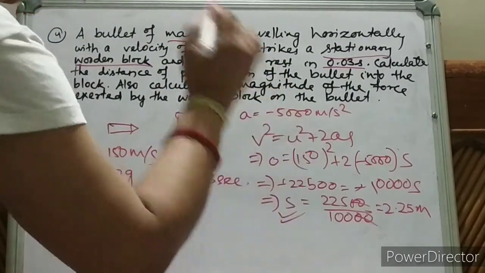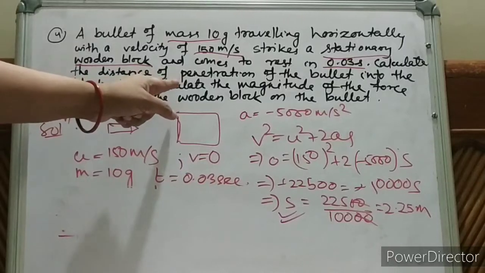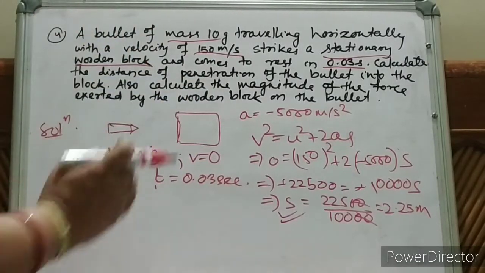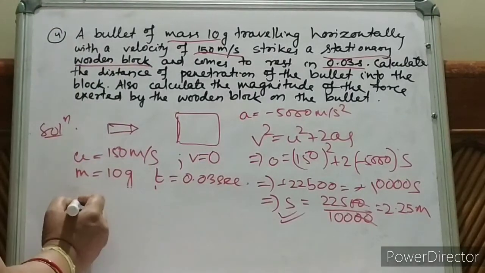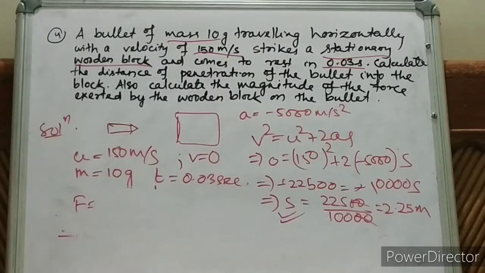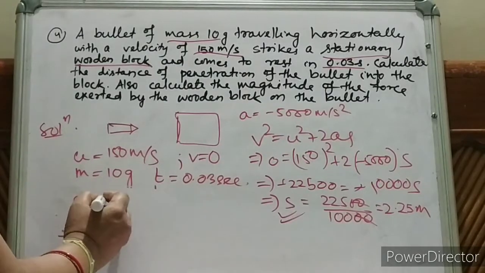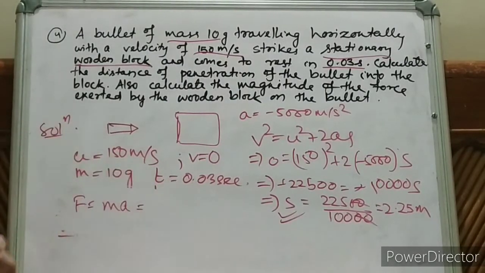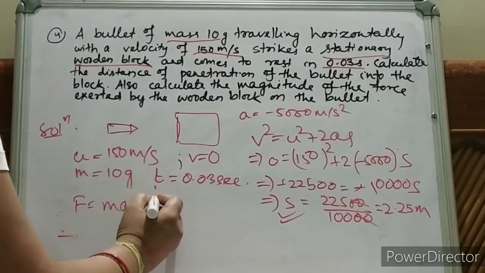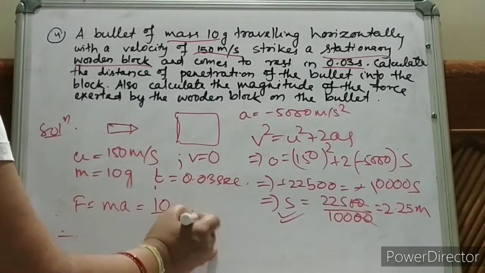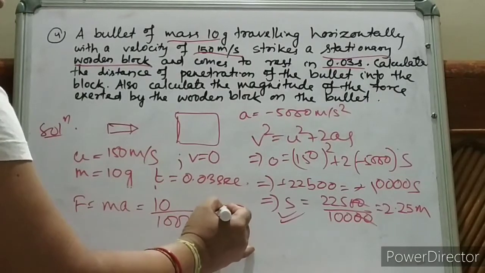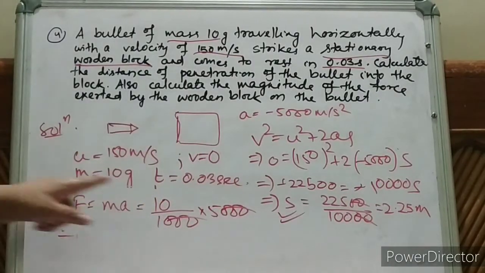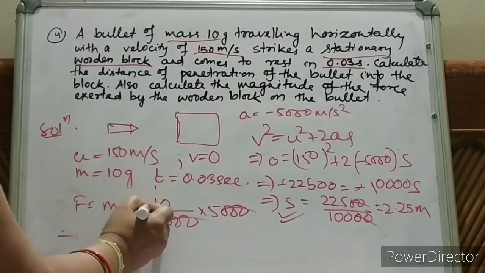One answer we got. What we have to find out is the magnitude of the force exerted by the wooden block on the bullet. So what is your force? Let me write over here. Force is equal to m into a. What is m? 10 gram. You can convert it to 1/100 kg, into minus 5000. So how much? And it is a minus sign, children.